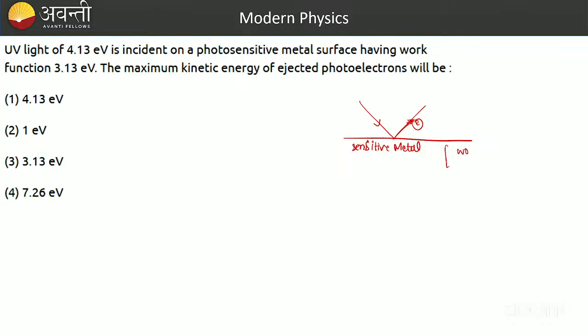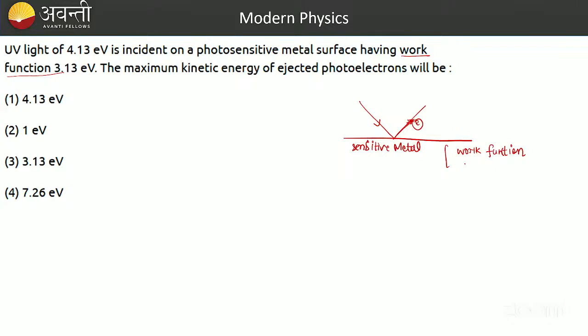Now, what is work function? Which is also mentioned in this question. The work function is the minimum amount of energy that an electron will require to eject it from the metal surface. It is the kind of energy that we require to eject the electron, the minimum energy that we require. And it varies from metal to metal. As the metal changes, the work function will also change.